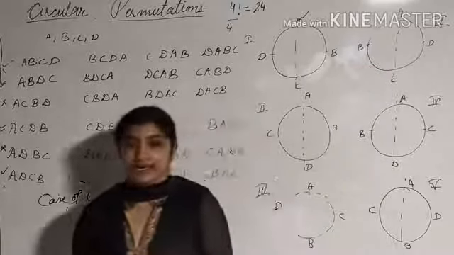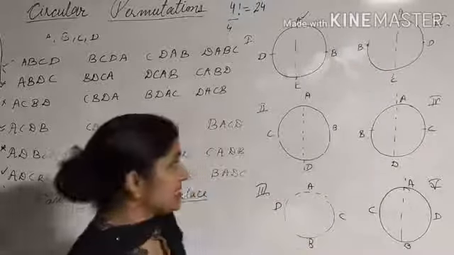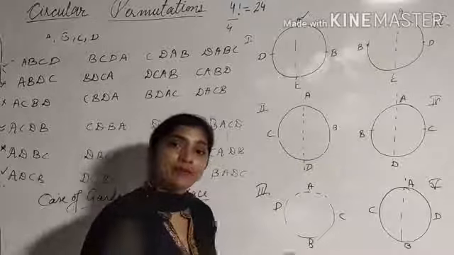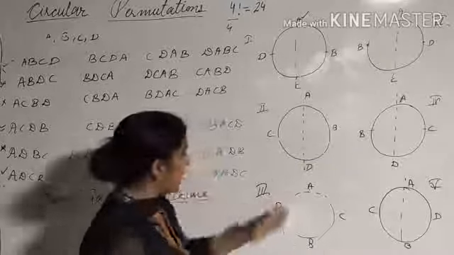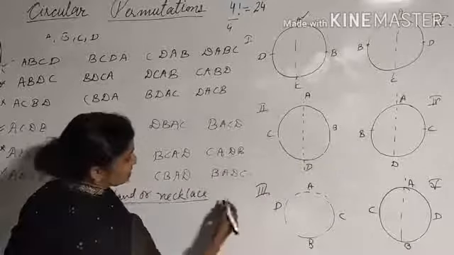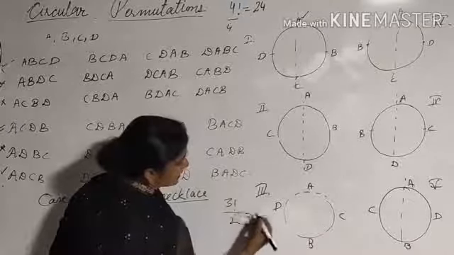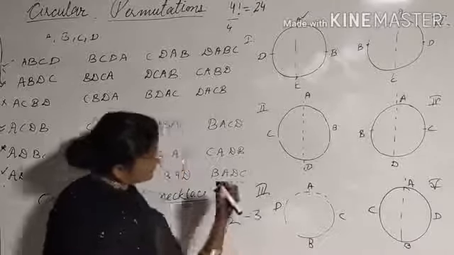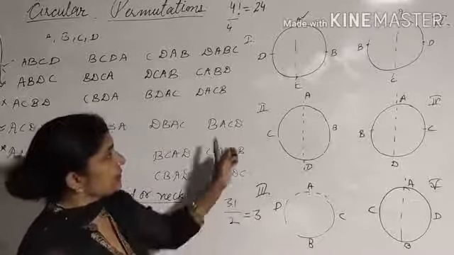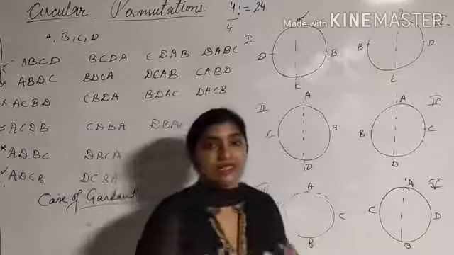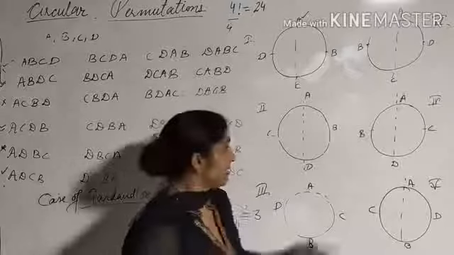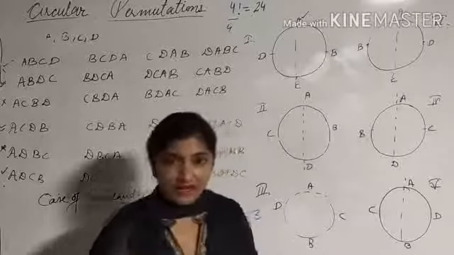or same garland. So the number of arrangements in that case will again be divided by 2, and the total number of arrangements will be 3 factorial divided by 2, and this is 3. Similarly, when the number of objects is 5, then 4 factorial will be divided by 2.